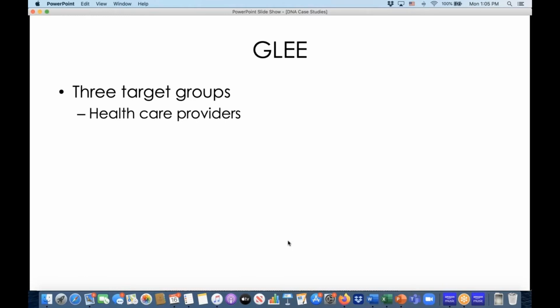There are healthcare providers. Even our healthcare providers may not have had a strong genetics background, and so they can be in need of some genetics education. Then the general public, which certainly seems incredibly appropriate right now when we're hearing in the news about different strains of COVID and tracking where different COVID eruptions emerged.